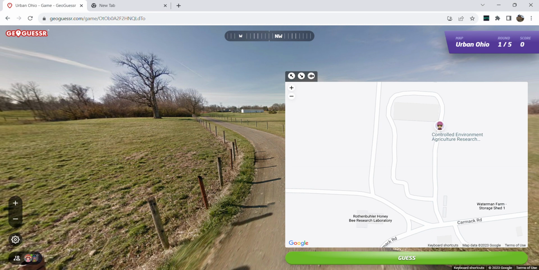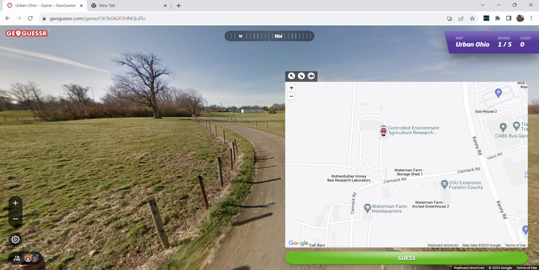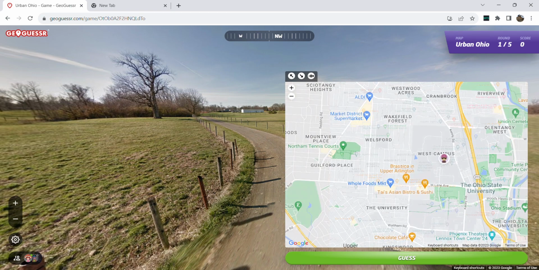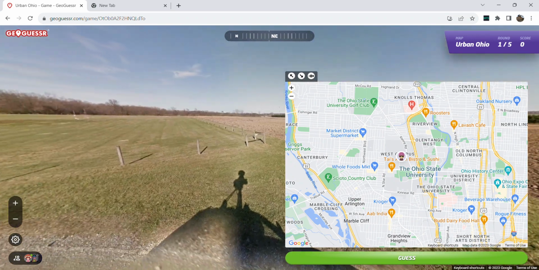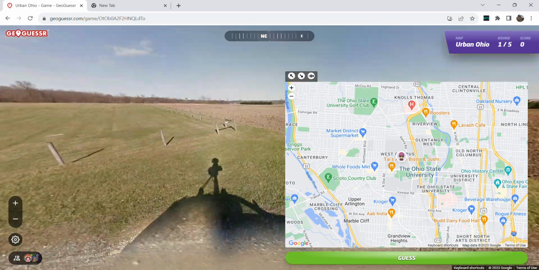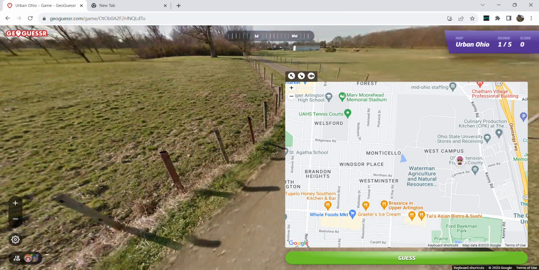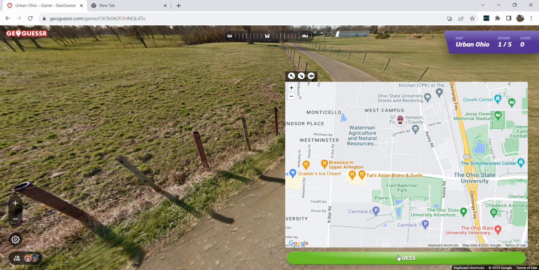So this is the Controlled Environment Agricultural Research Lab. Yeah, if you go here on West Campus, you can see this is right in the middle of the city of Columbus. So it's a little bit weird, I think, for me to be plonking here. But yeah, we're right in between campus and Upper Arlington, near this North Star Road. So I'm thinking we're just somewhere right around there.